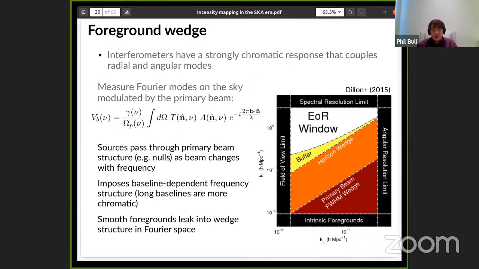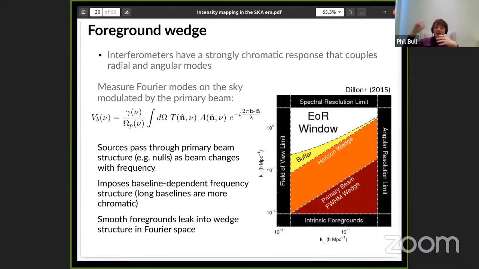So again, I won't say too much about this, but what this means is when you look in Fourier space, you end up with this wedge shape. It's called the foreground wedge. All these bright foregrounds, which are actually spectrally smooth, this beam effect, this modulation of that smooth frequency dependence, means that instead of looking like they're just smooth, these foregrounds are not just restricted to the particular area of Fourier space where smooth functions should live.